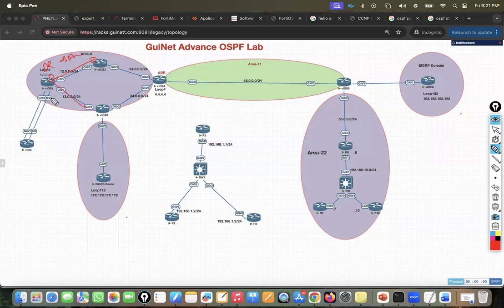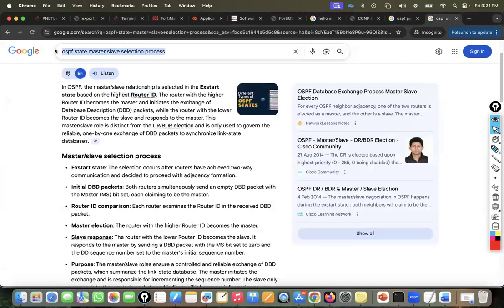This is one network, one DR, one BDR. This is one network, one DR, one BDR. DR BDR elections are going to happen in broadcast networks and non-broadcast networks.